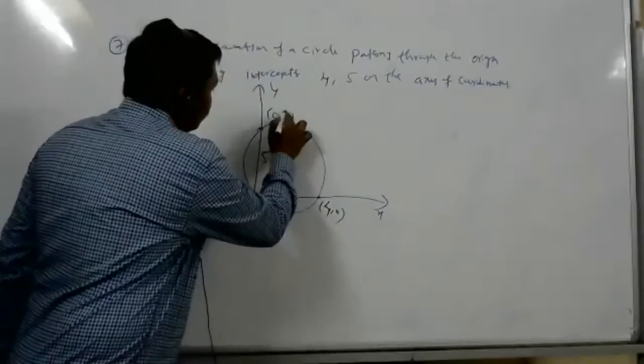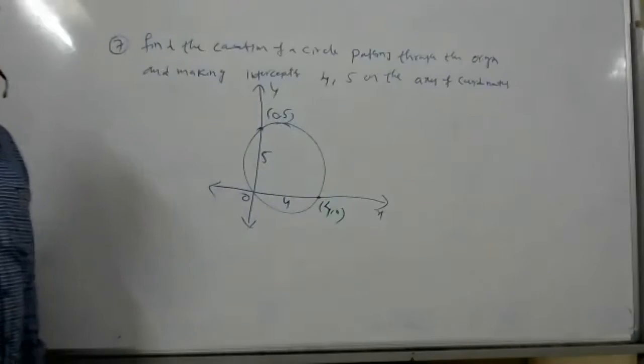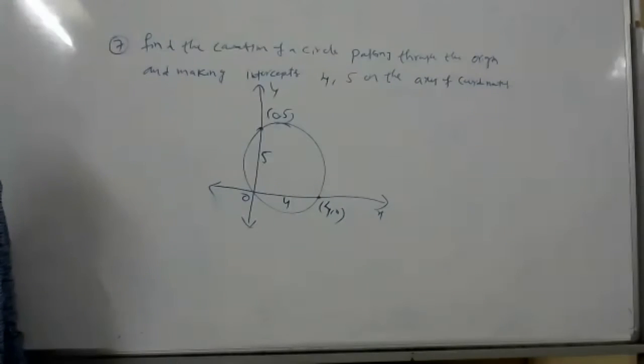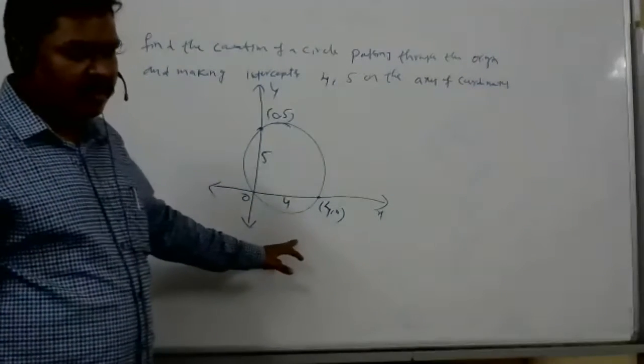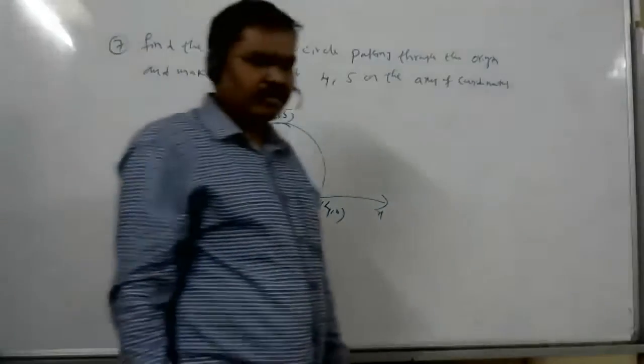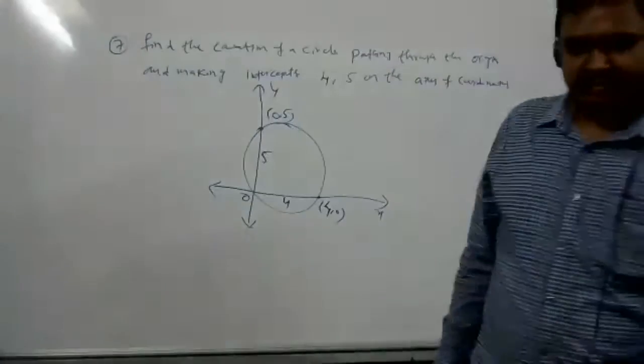Is the diagram correct? It can also be 5 comma 0, right? It's not specified which is which, so it can be 4 comma 0 and 0 comma 5, or the other way.